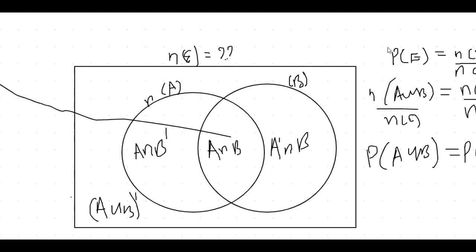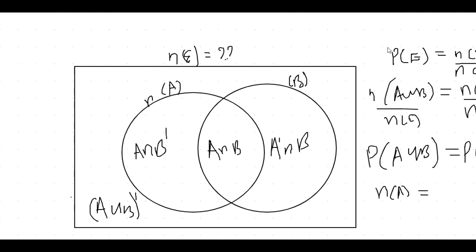Okay. Then we can go ahead to look at another rule. If we are interested in getting the probability of A, what will number of A be equal to? Yes, number of A intersection B complement plus number of A intersection B. Good.